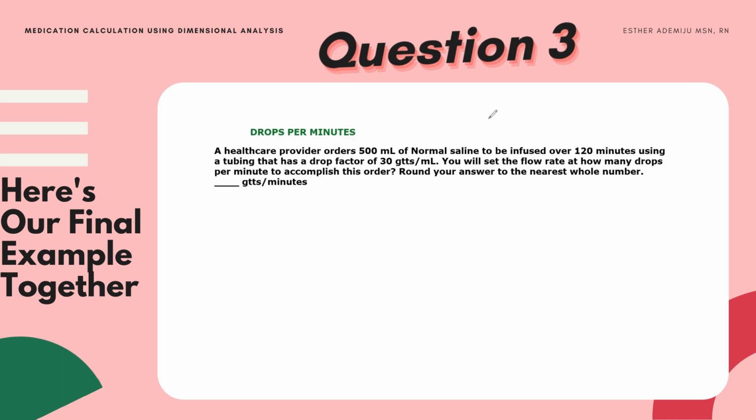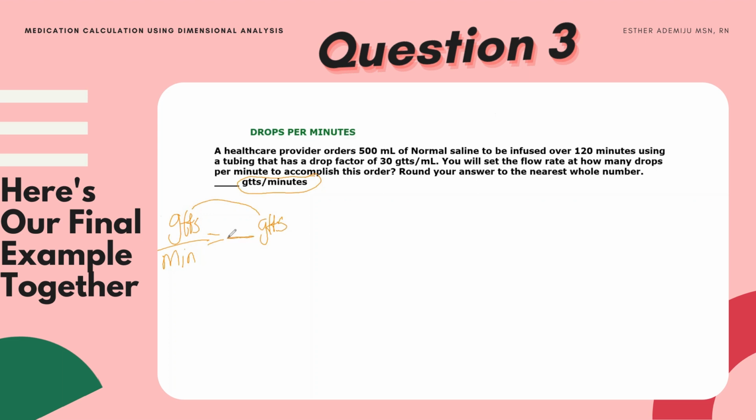All right, so again, the first step is to ask ourselves, what are we looking for? And we are obviously looking for drops per minute. So we are going to go ahead and write that here, drops per minute. And again, the next step is to transfer over. So GTTS comes here, also known as drops.